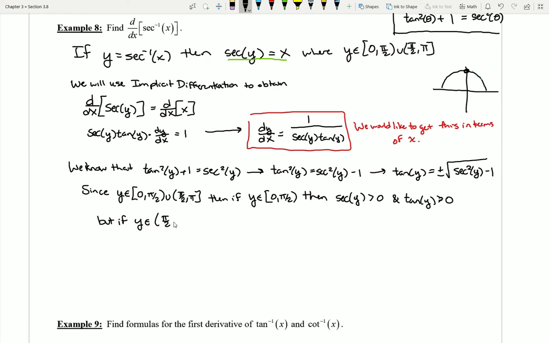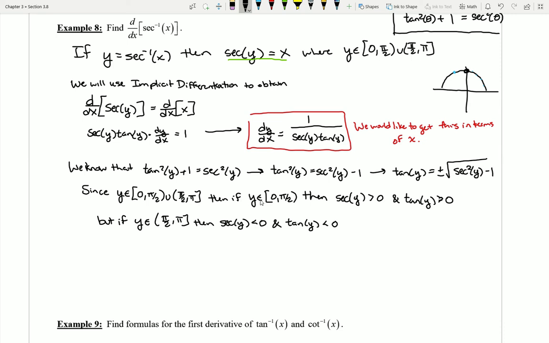Okay, that's great. Well, I can then see that if y happens to be in the range from pi over 2 to pi, that is, if I'm in the second quadrant, then the secant of y is going to end up being negative. And my tangent of y, since it deals with points in this quadrant, takes y's, which are positive, divided by the x's, which are negative, so the tangent is negative.